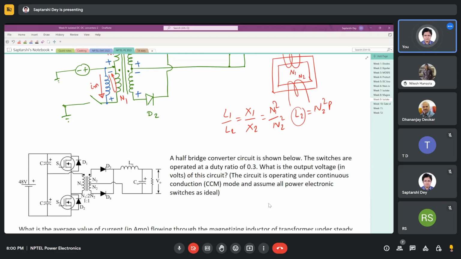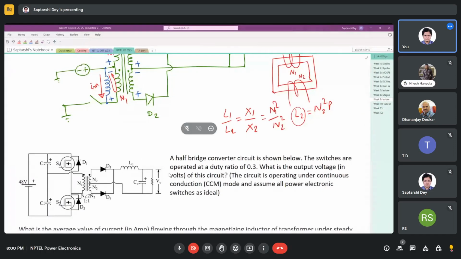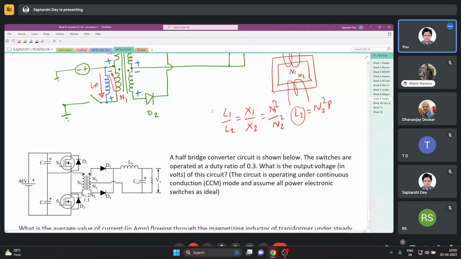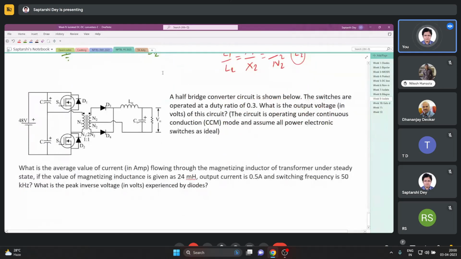You can use the chat box. Okay. Anyway, we'll go to the next question. By that time, Nilesh, you can keep writing your question in the chat box.